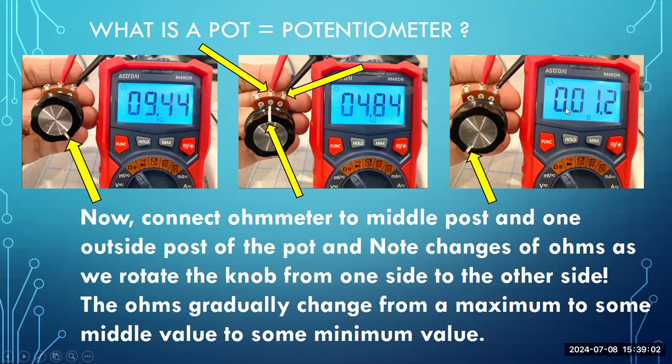Okay, so I can adjust with this particular potentiometer, since it's rated out to a maximum of 9 kilo ohms, anywhere from 1 ohm to 4 point something kilo ohms, all the way gradually by rotating this knob slowly up to its maximum of 9.44 K ohms.